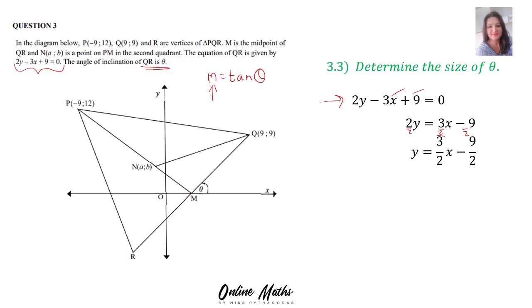And then it's this one, that's the gradient. y = mx + c. So into the inclination formula, tan theta is equal to m. In m's place, the gradient, we substitute 3/2. And now when we want to find the angle, remember on your calculator you'll say shift tan 3/2, and you find the angle: 56,31 degrees.